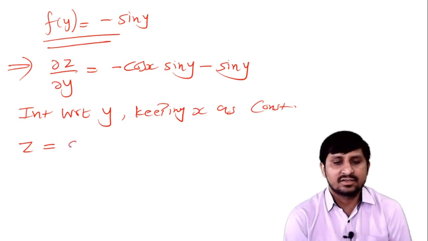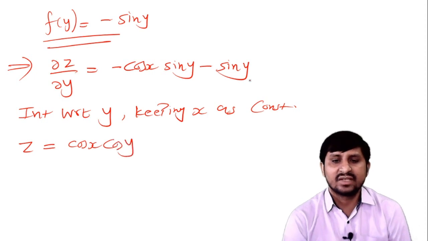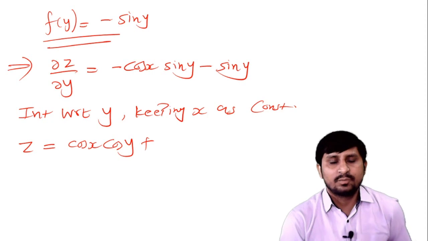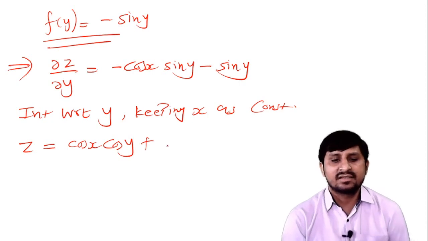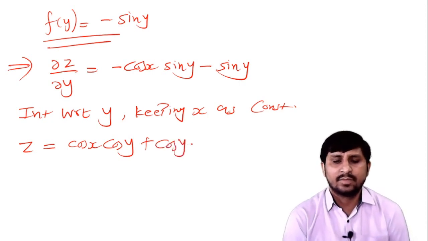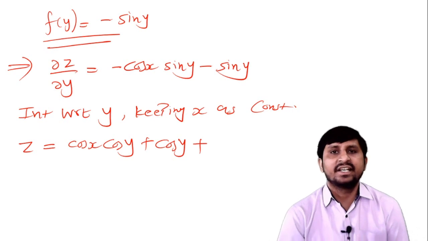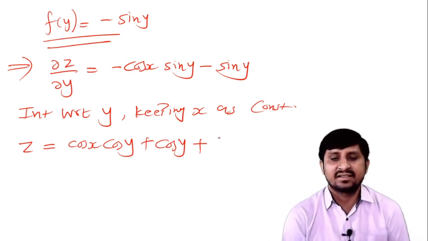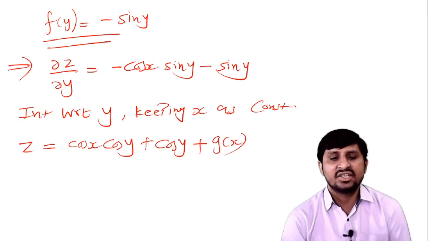So cos x cos y. Once again integration of sin y, that is minus cos y. So plus cos y, and plus integration with respect to y keeping x as a constant, so add some function of x, g of x.